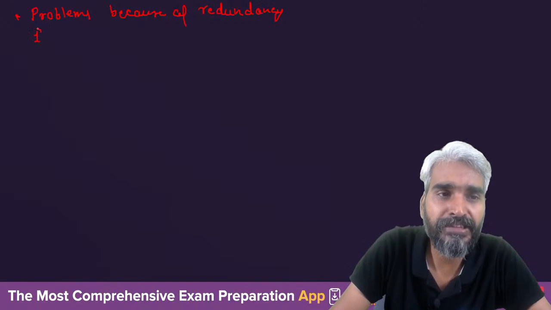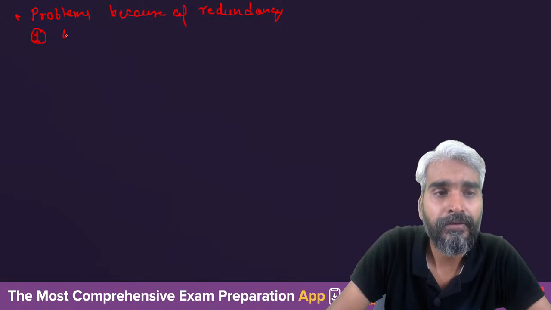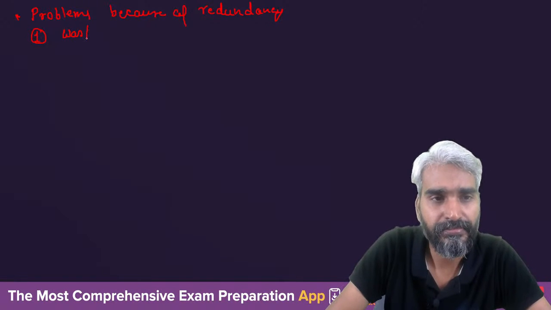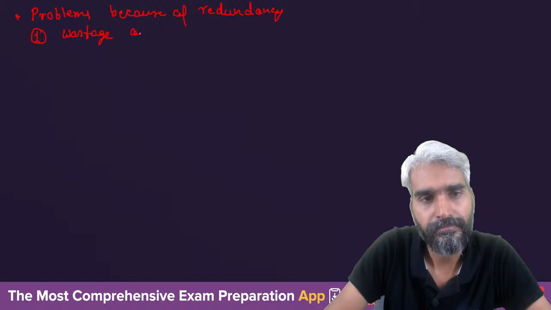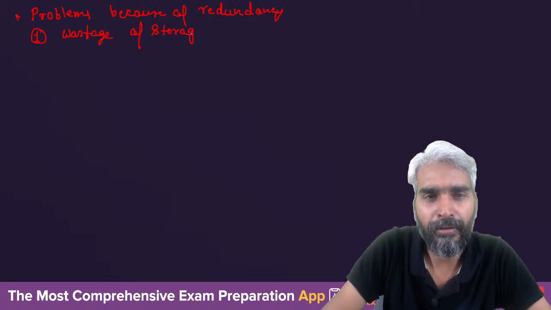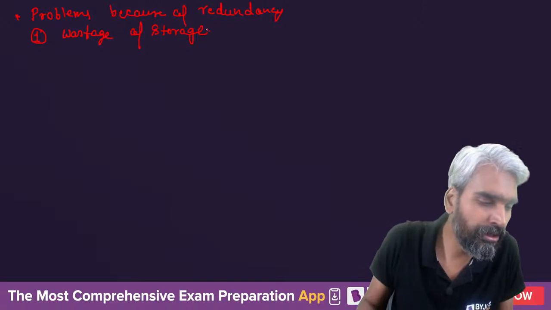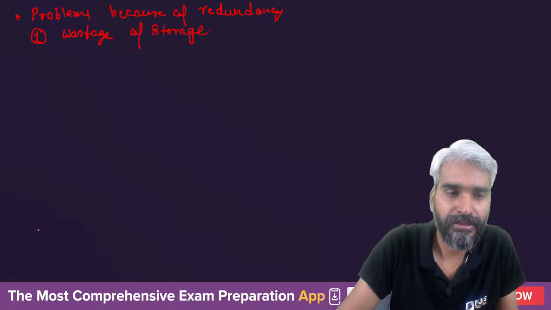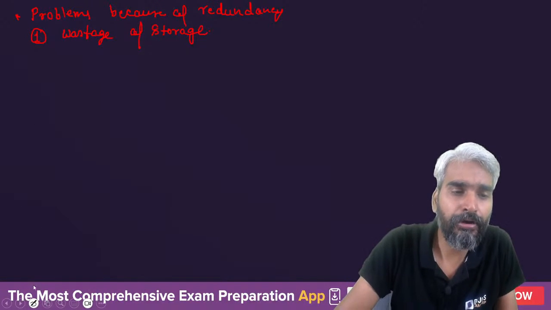So the very first problem because of redundancy will be wastage of storage. Sir, is it really a problem to worry about? No, sir, this is not a problem to worry about. Right? Then what are the more important problems?